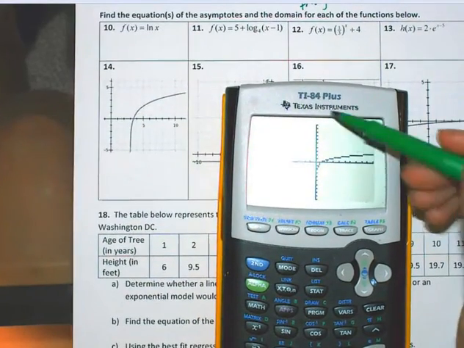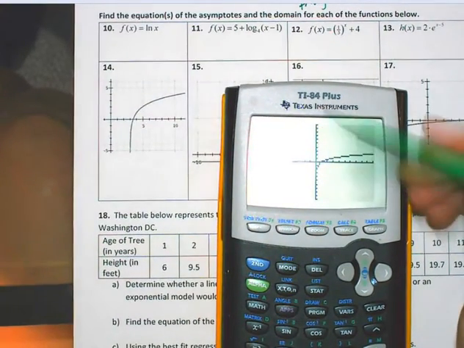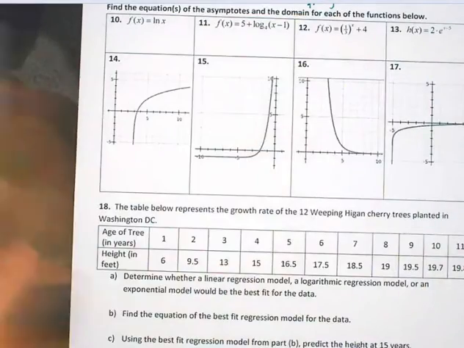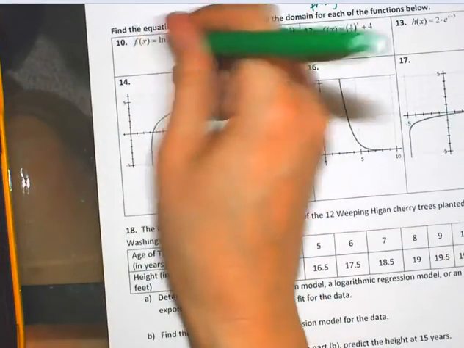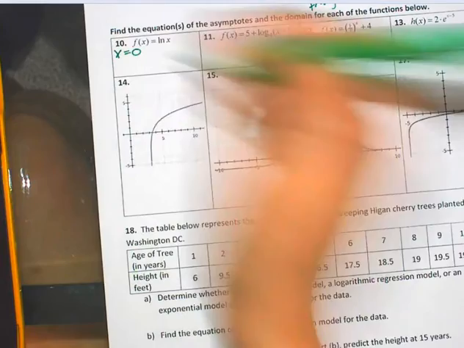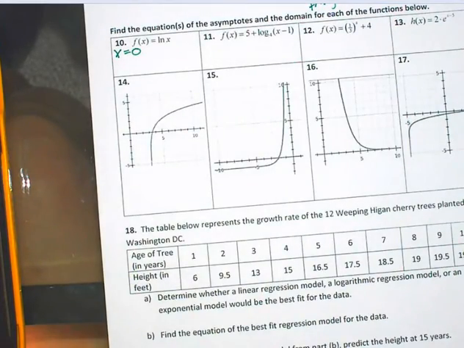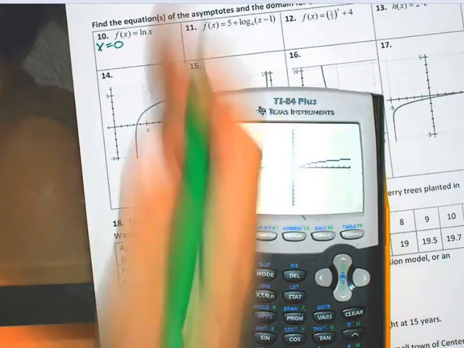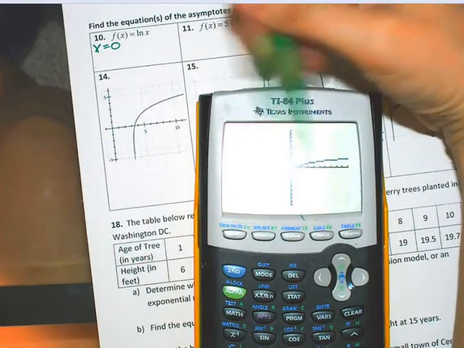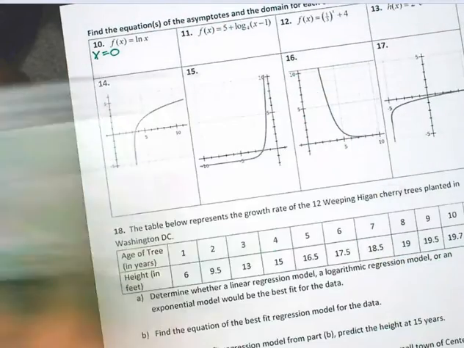Okay, so because this is a logarithmic function, we know we have a vertical asymptote. So I know my vertical asymptote is x equals 0. Okay, so let's go ahead and do the range. If we do left to right, we know here there's no value, so we're going to start at 0.